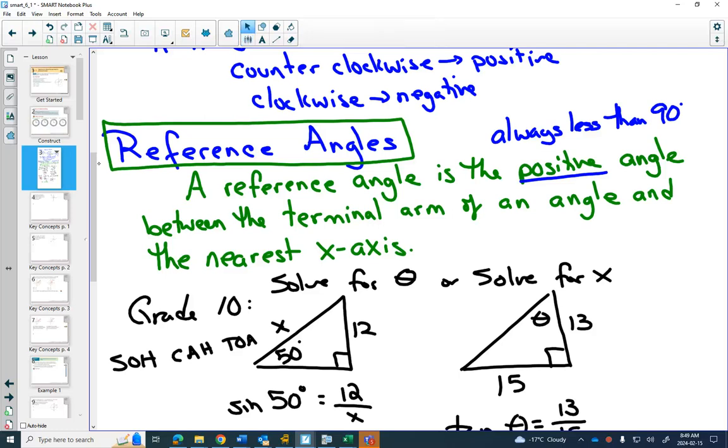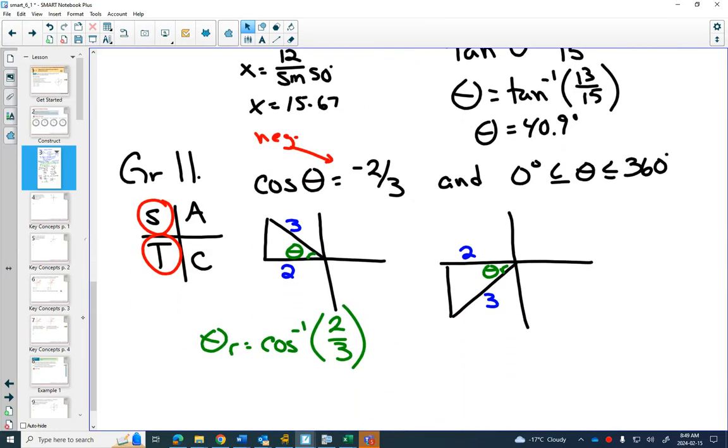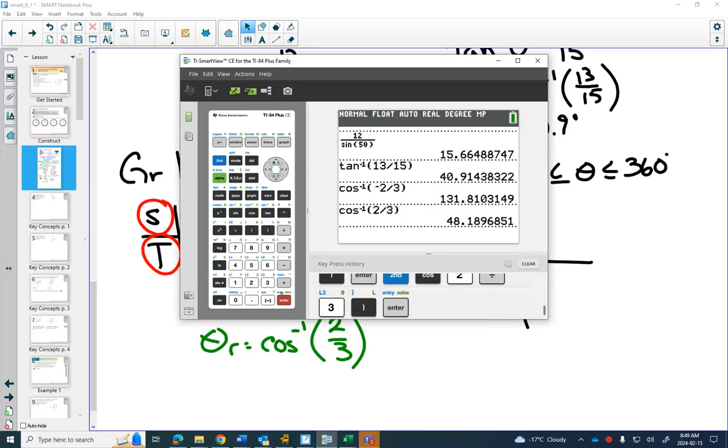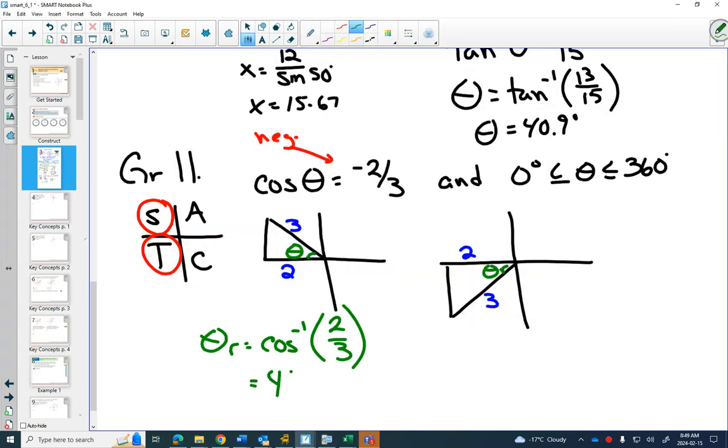So the number one mistake from grade 11 is that when we find a reference angle, they get an angle too big. But if I would have done grade 10 math on this one, that's an actual triangle. Triangles have actual positive lengths. My reference angle is supposed to be 48.2 degrees.